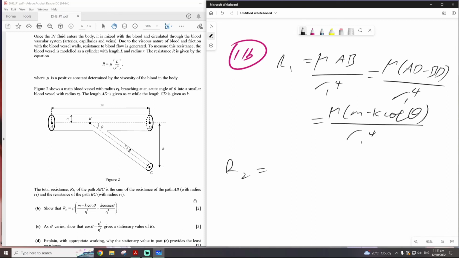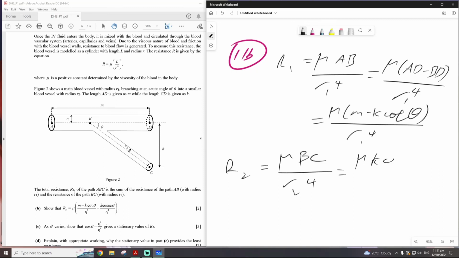I want to find the length of BC. So mu BC divided by R2 power 4. And BC can be written as, this is the opposite, we want the hypotenuse, so this is K cosecant theta.